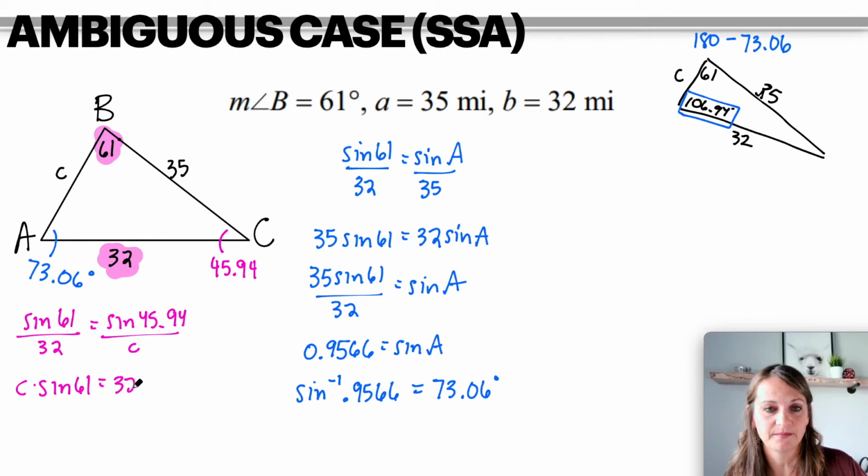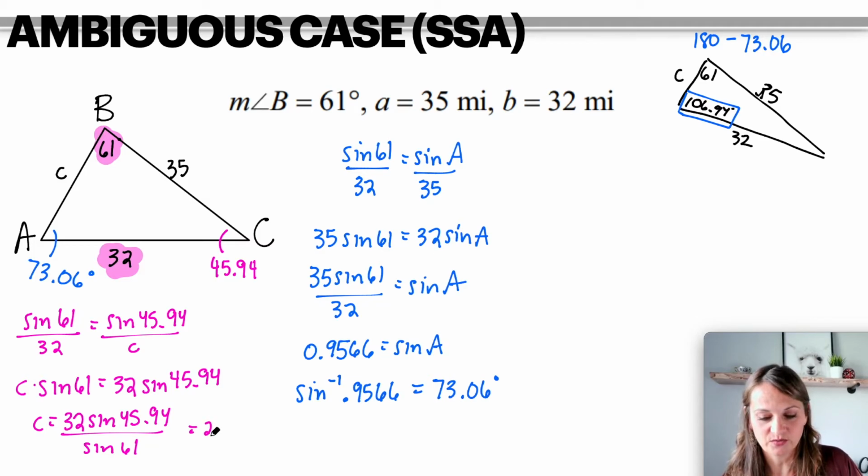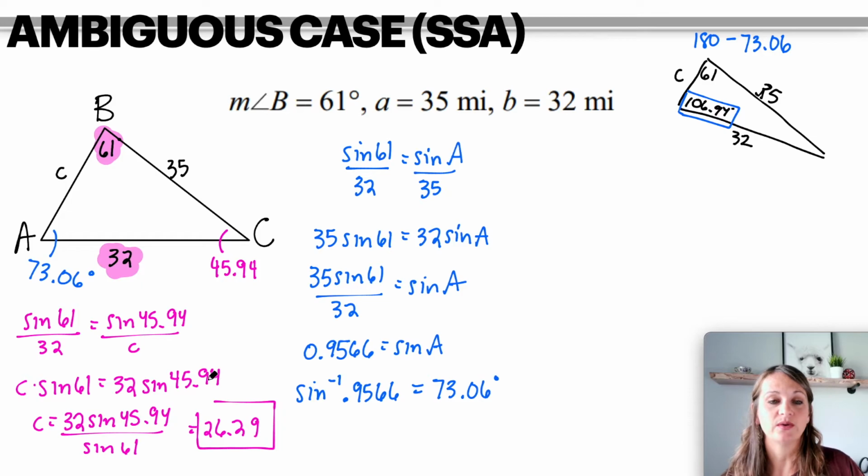Cross multiply and divide, and you will get 26.29. So if angle A is 73 degrees, then angle C is 45 degrees and little c is 26.29.